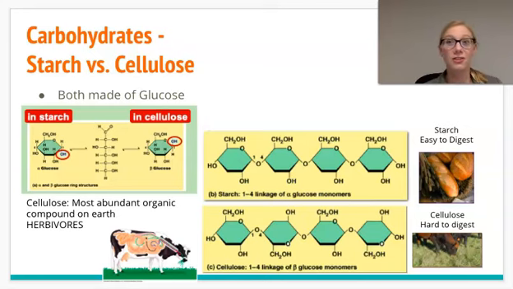Take a cow, for example, which is basically made to digest cellulose in a really slow fashion with the help of microbes. If you're not an herbivore, it's harder for you. You have to eat other foods and other simple sugars and provide other nutrients in order to get what your body needs. So I think that's a neat example of starch and cellulose both being made of glucose.